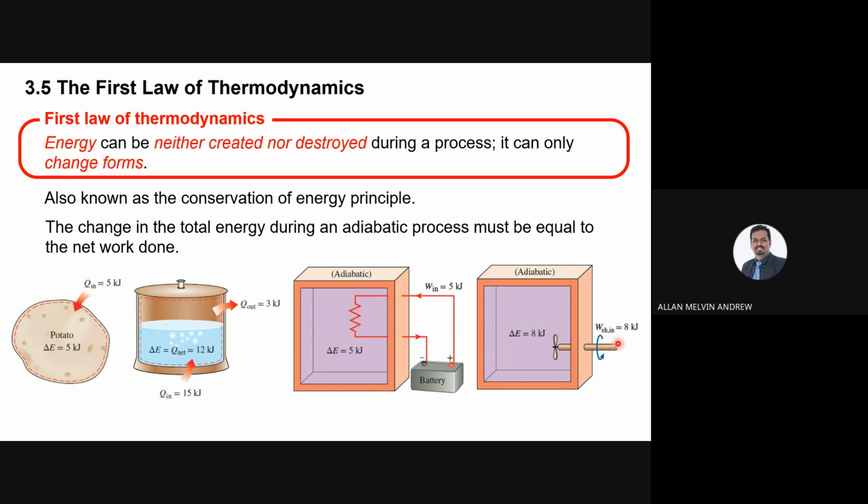W shaft out means work done by the system, so this is your system, meaning W out. If W shaft in, it means it is entering the system, so this is plus 8 kilojoule. That is the only one, so the change of the system is positive 8 kilojoule.